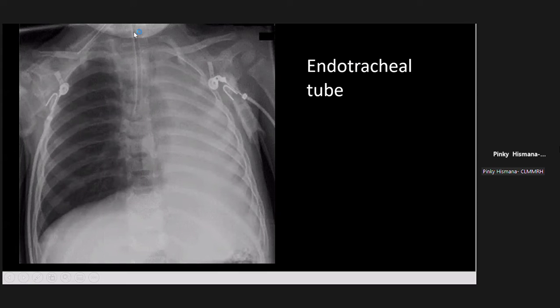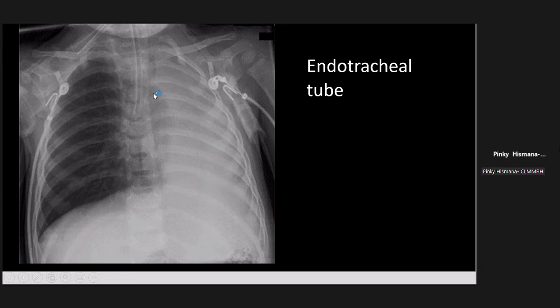So this one is actually a case of a patient with atelectasis. The reason I'm saying this is atelectasis is because the trachea is deviated to the left, ipsilateral to the opacity.